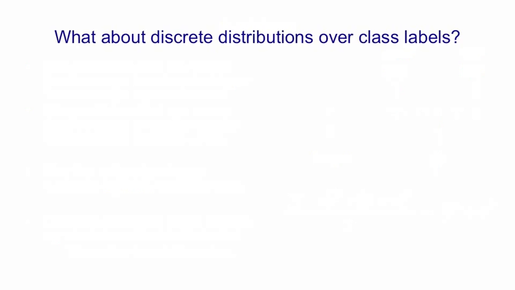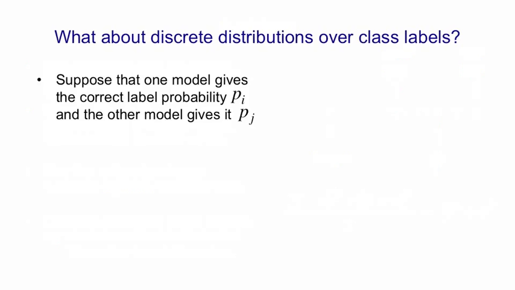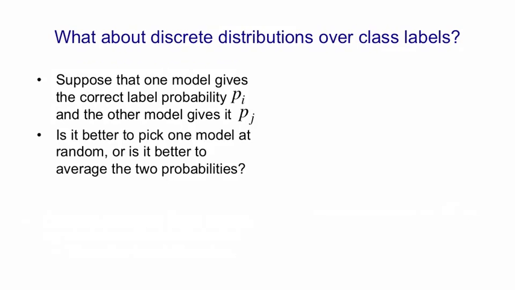The same thing applies to the discrete distributions we have over class label probabilities. So suppose that we have two models, and one gives the correct label a probability of pi, and the other gives the correct label a probability of pj. Is it better to pick one model at random, or is it better to average those two probabilities and predict the average of pi and pj?